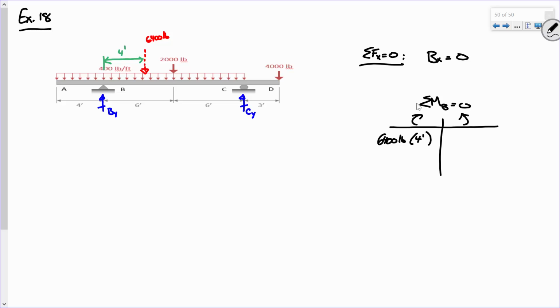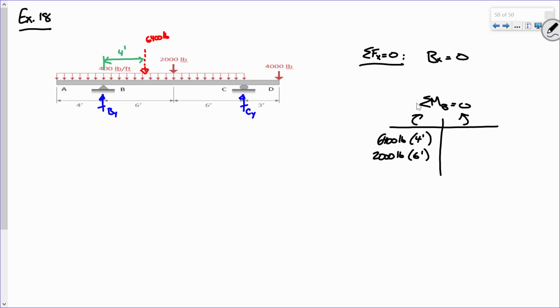We've got 2,000 pounds. Which side of the table does that go on? Same side. Moment arm of 6 feet, remember, from B. Okay. Now, what's next? Well, we've got CY. Which side of the table do I put that on? Right side, because here's B, here's CY acting like this, so it's rotating like that.